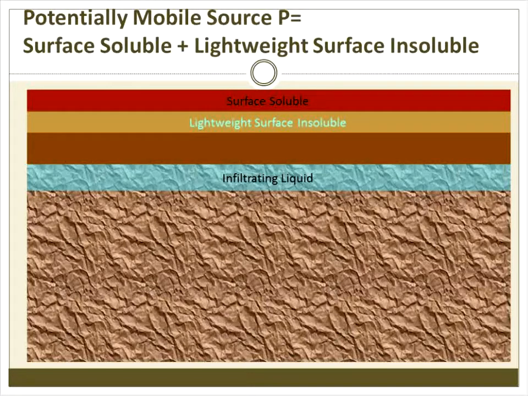There might be tiny little flakes, for instance, in poultry litter that's very lightweight that can float off the surface of the soil. So that's the lightweight surface insoluble that will be lost. But then you have these other portions that will either infiltrate or it will stay on the surface and won't move due to runoff.